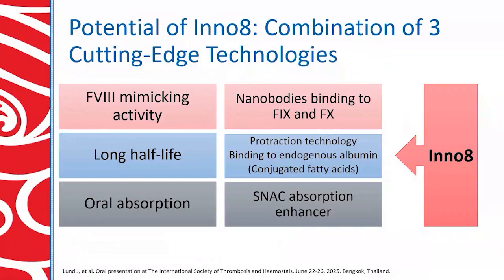And in total, we can say that this is really a very new factor VIII mimetic, combining 3 cutting-edge technologies: nanobodies binding to factor 9 and 10, therefore bridging both factors and generating thrombin; the long half-life achieved with the protection technology; and the oral absorption with the so-called SNAC absorption enhancer.